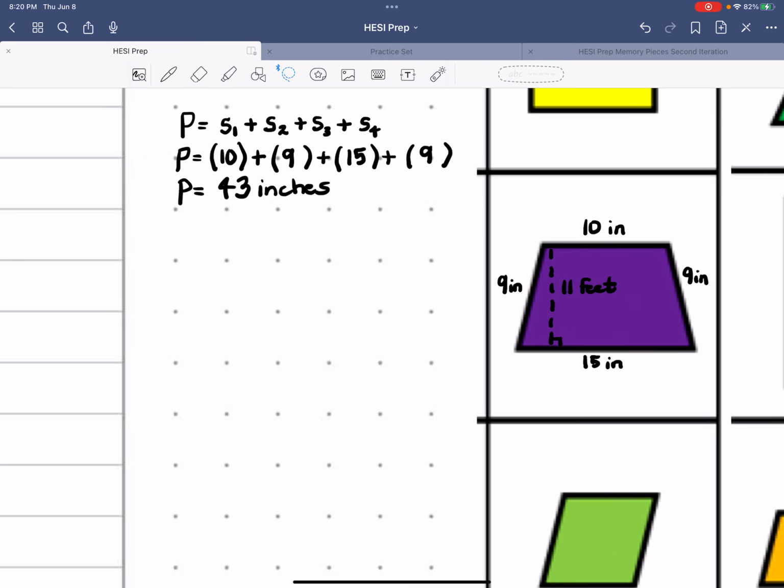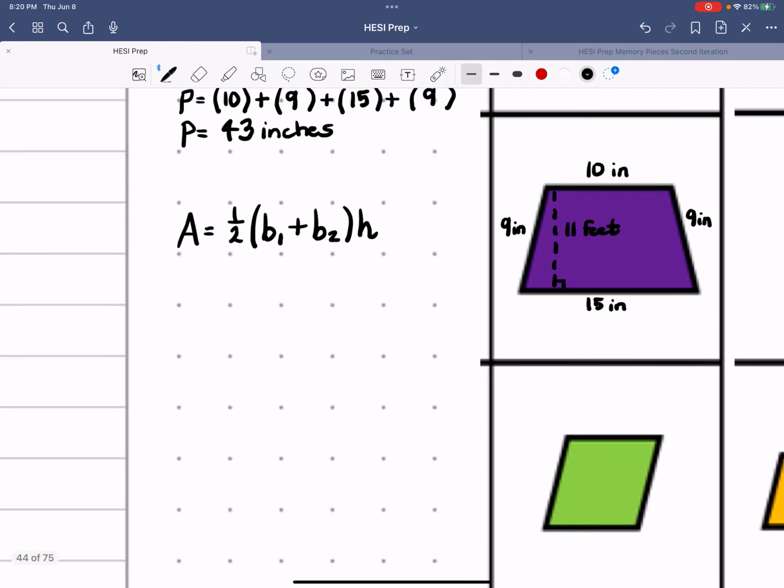All right, the area of a trapezoid is going to be 1/2 base 1 plus base 2 times height. So area is going to be 1/2. We already have pockets here, so I'm just going to leave those.